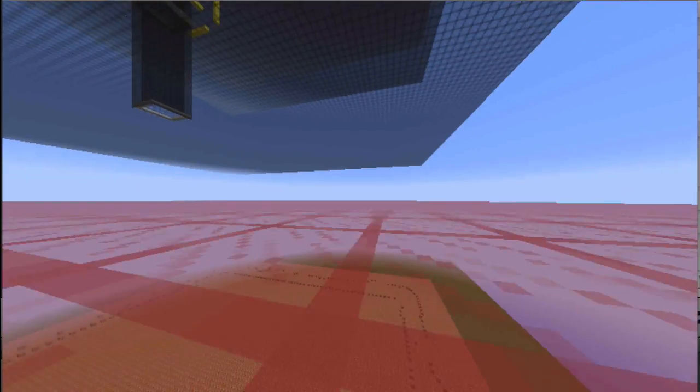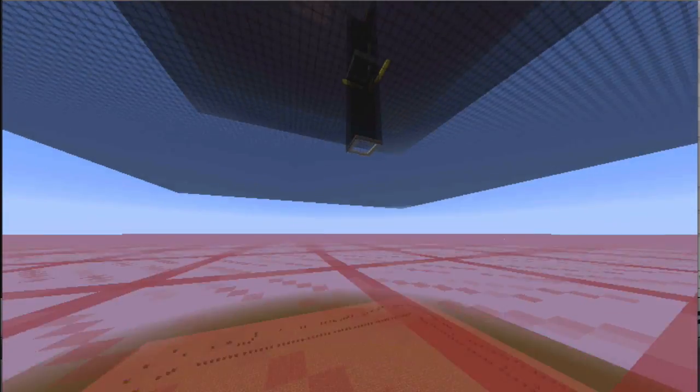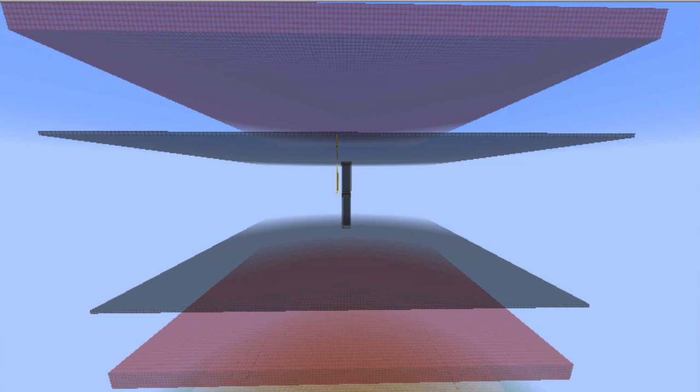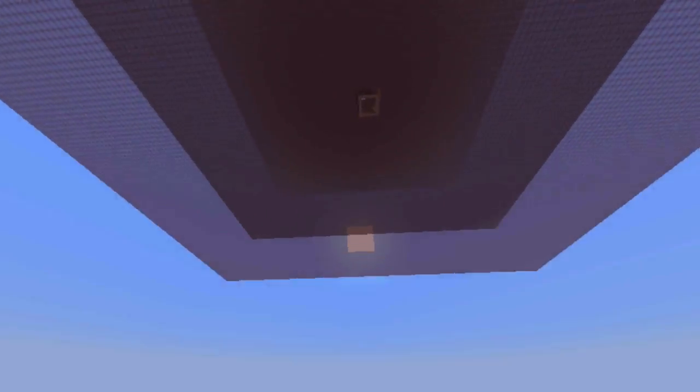The red stained glass plane and the black stained glass plane represent this. The gap between these two planes represents the 2 million block gap between the bottom and top of this open region. For all those interested, the world download for this model is in the description of this video.